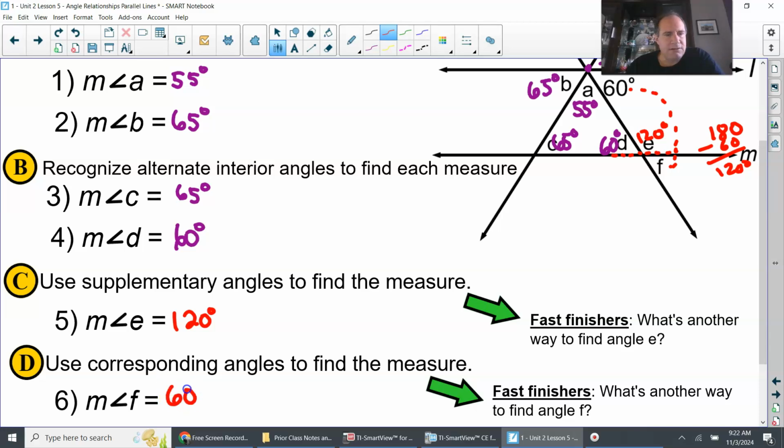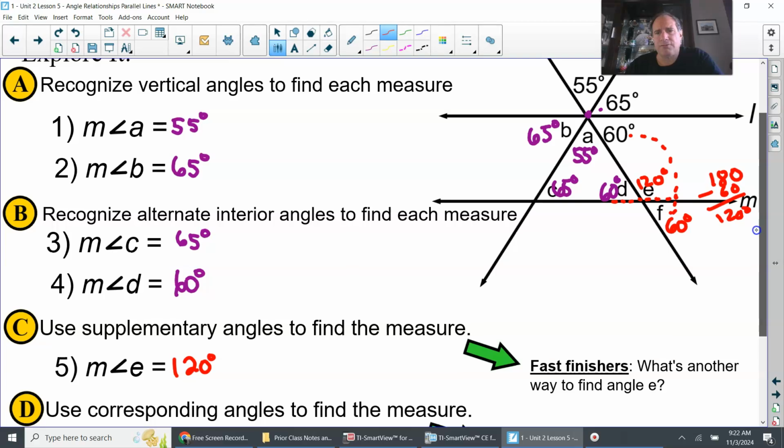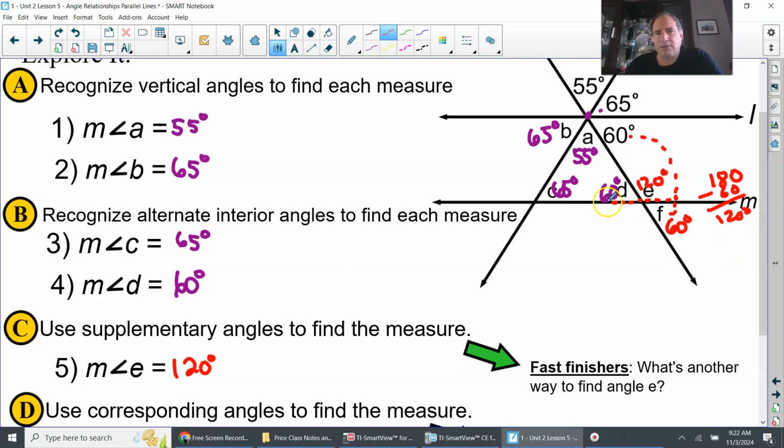Is there another way to find angle E? Yes, there is. Just remember that you could find angle E by saying that they're supplementary, or you could do it pretty much any way where 180 minus the 60, like I said, is 120 right there. And you could say that 55 plus 65, which is 120, these angles right here, they are corresponding angles.